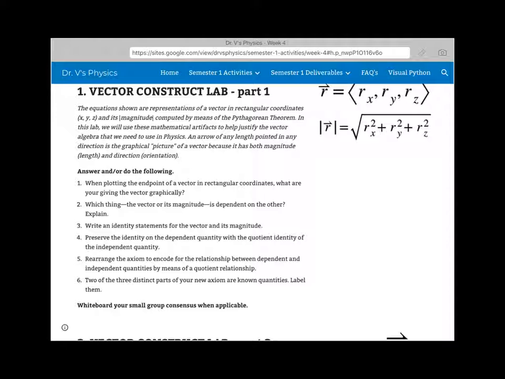It's obviously the direction and the magnitude of a vector is related to the way I specify its coordinates. And the way I specify coordinates determines how its features are. It's a two-way street.